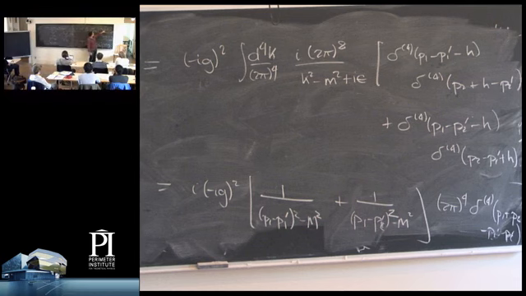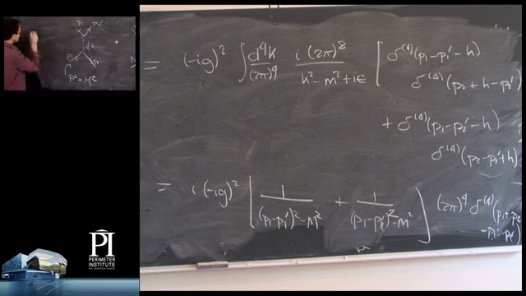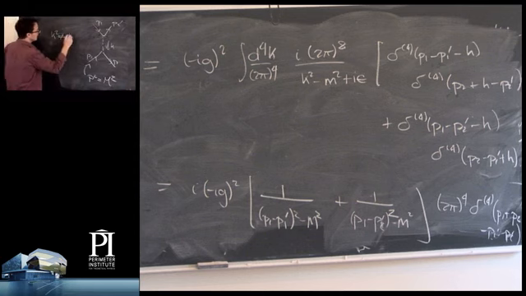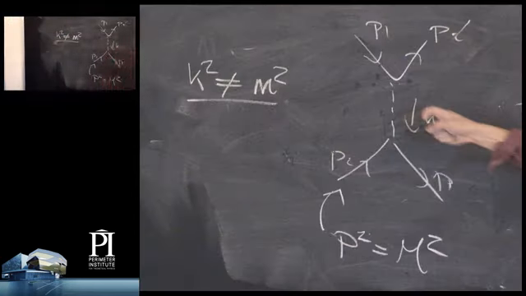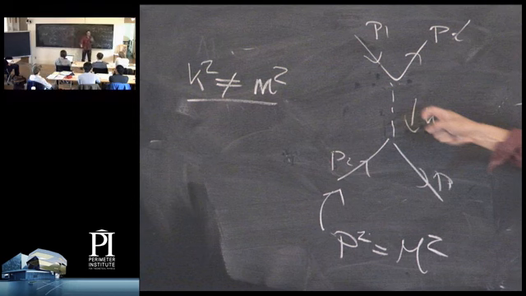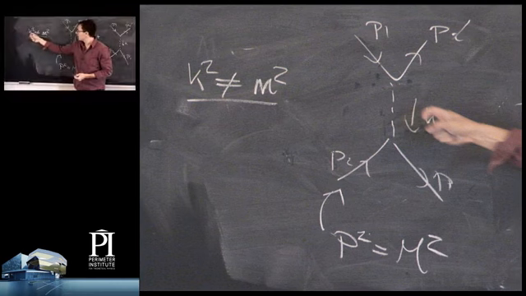So k is equal to the difference in this momentum and this momentum. Those delta functions never give k squared equals m squared. Okay? So the meson that's moving through here doesn't obey what you think it should obey. It doesn't obey that its 4-momentum squared is equal to its physical mass squared.